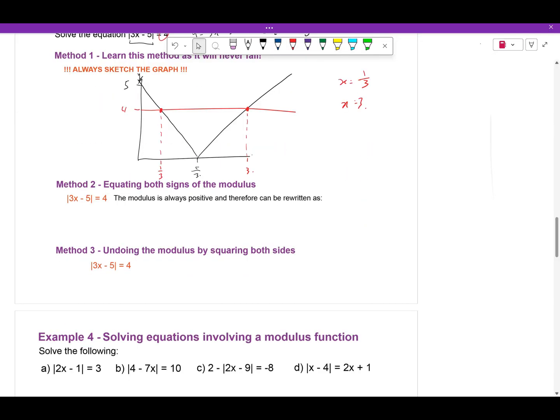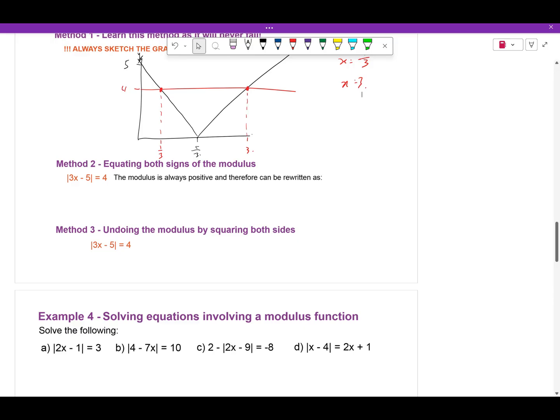Now, method 2, which I do prefer for being quick: 3x minus 5 equals 4, or solve for negative 3x plus 5. So in this case, we can figure out x equals 3 and the other.